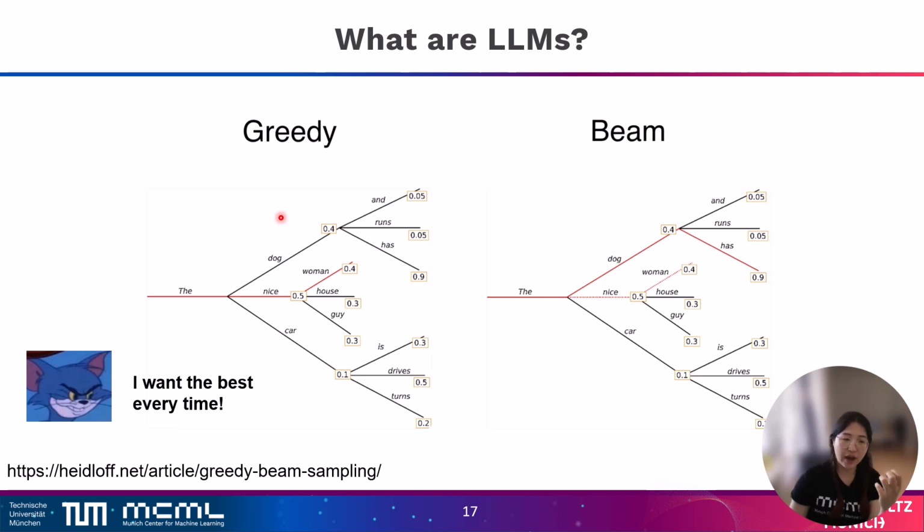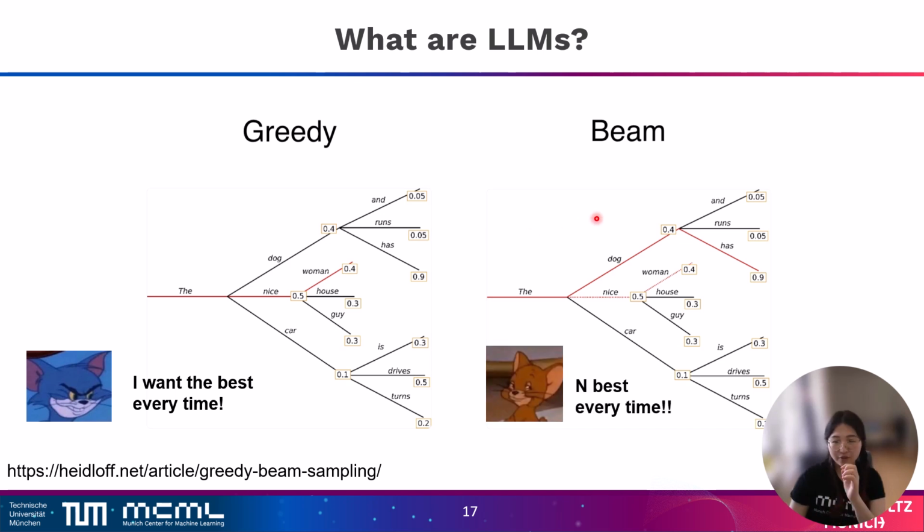What does that mean? Given the previous word, when I generate the next one, I choose the highest probability one as my answer. Like here, "nice" has a higher probability than "dog" and "car," so I choose "nice." And with "the" and "nice," I do the search again and choose the highest probability one, "woman." So the sentence will be "the nice woman."